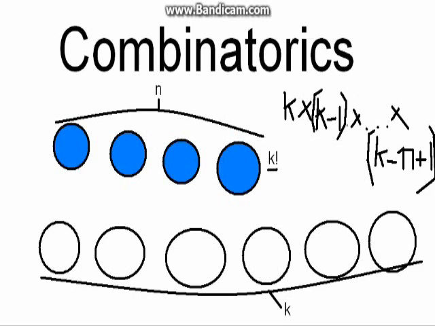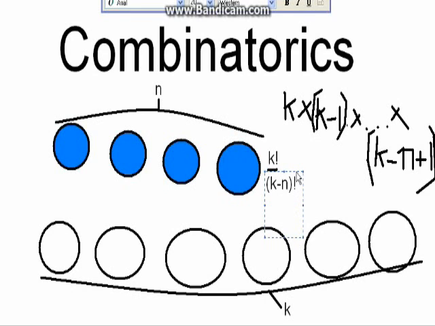And then we need to stop when we get to the k minus n plus 1. So to do so, we simply need to divide by that lower number minus 1. So what's k minus n plus 1 minus 1? Well, it's just k minus n. So what we've got here is k minus n factorial.